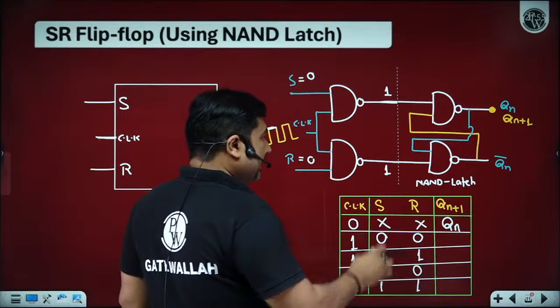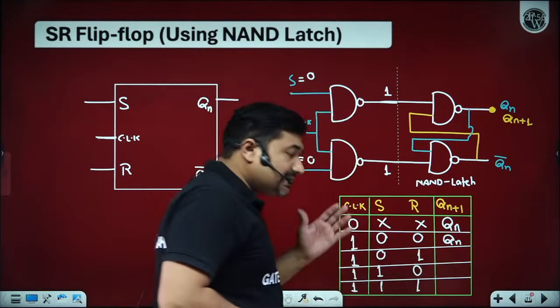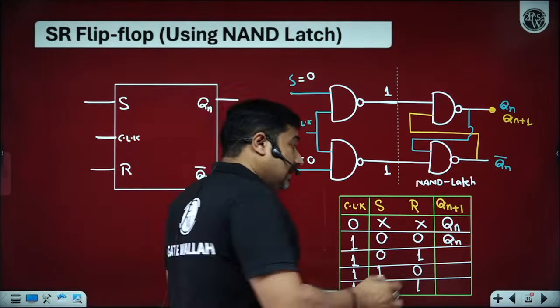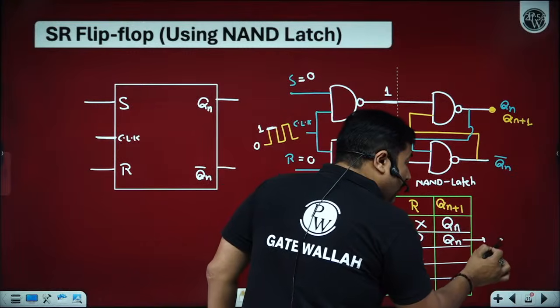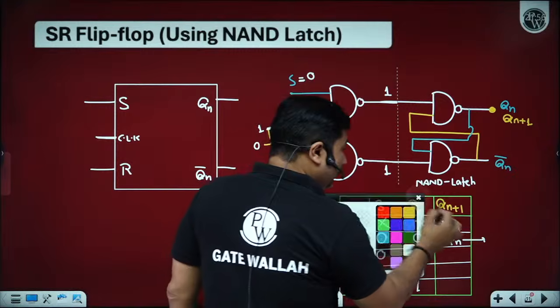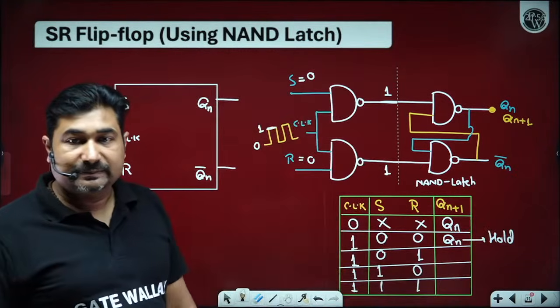So we are getting 1, 1 again. It means with the input S equals 0, R equals 0, if we apply clock, the next state will remain hold. So this state is called a hold state. How many of you are able to understand, beta ji? This state is called a hold state.